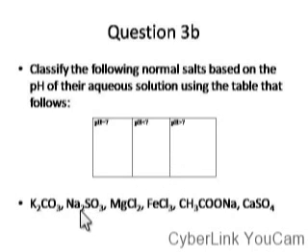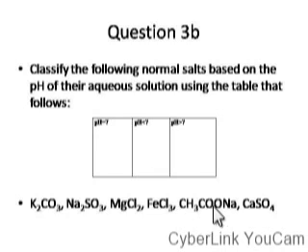Na2SO3, strong basic radical, weak acidic radical as well. So it is basic, pH greater than 7 as well. MgCl2, weak basic radical, strong acidic radical. It's going to be acidic, pH less than 7. FeCl3, weak basic radical, strong acidic radical. It's going to be acidic. CH3COONa, weak acidic radical, because this is ethanoate from ethanoic acid.